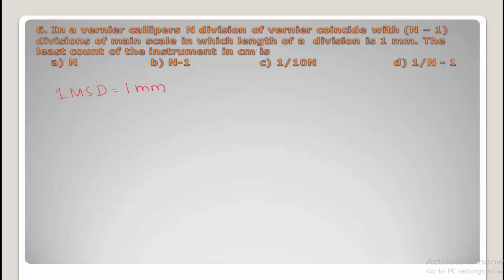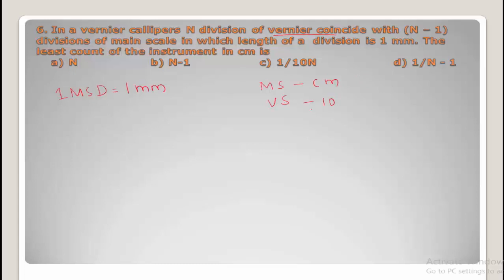So you already know that vernier calipers consist of two scales. One is main scale and another one is vernier scale. Here the main scale is measured in centimeter and there are 10 divisions on the vernier scale.